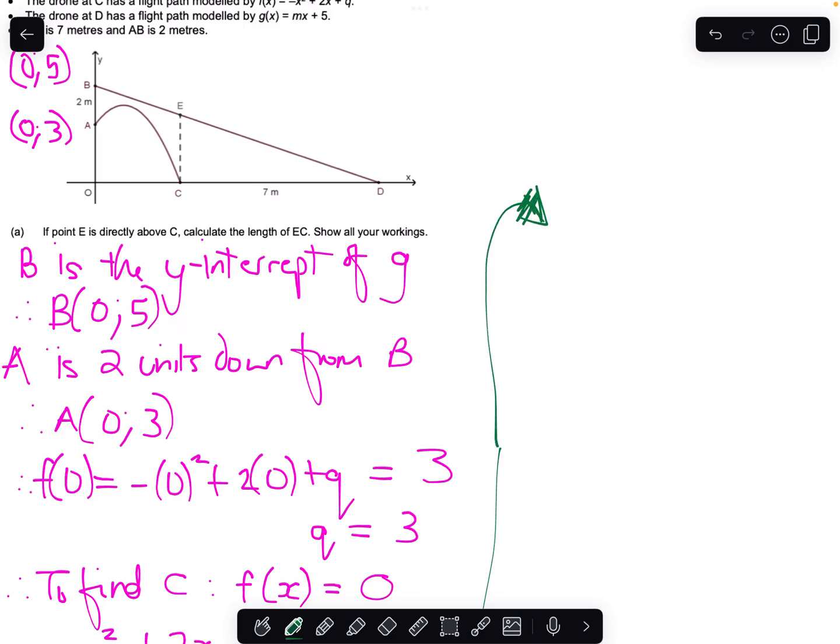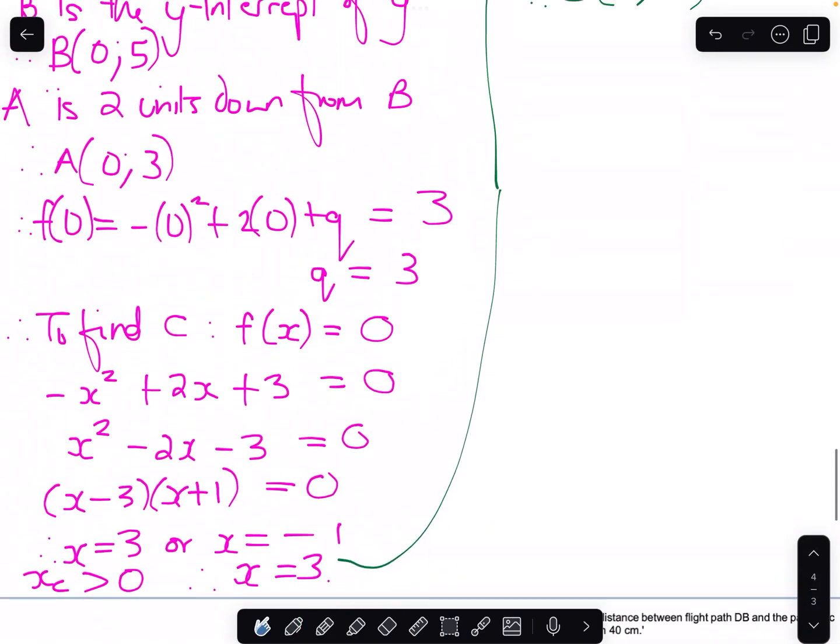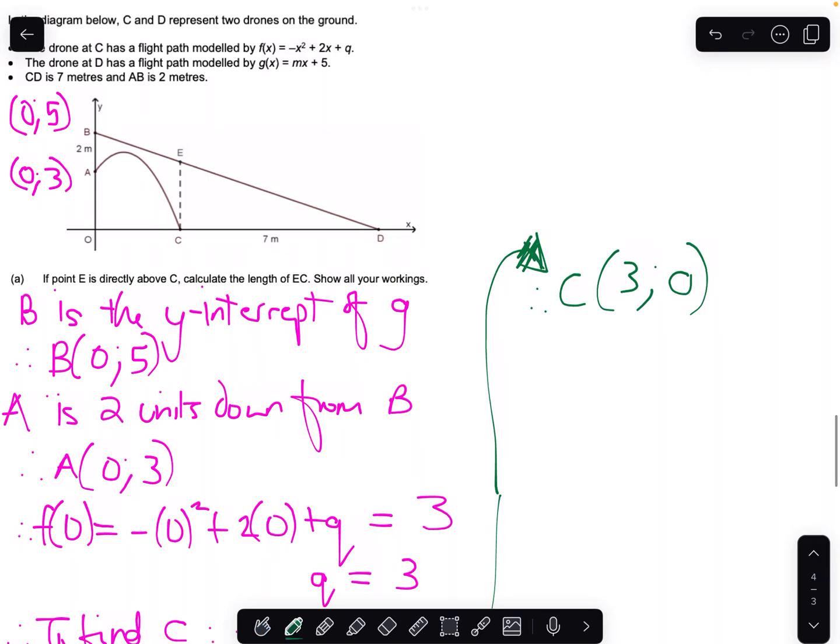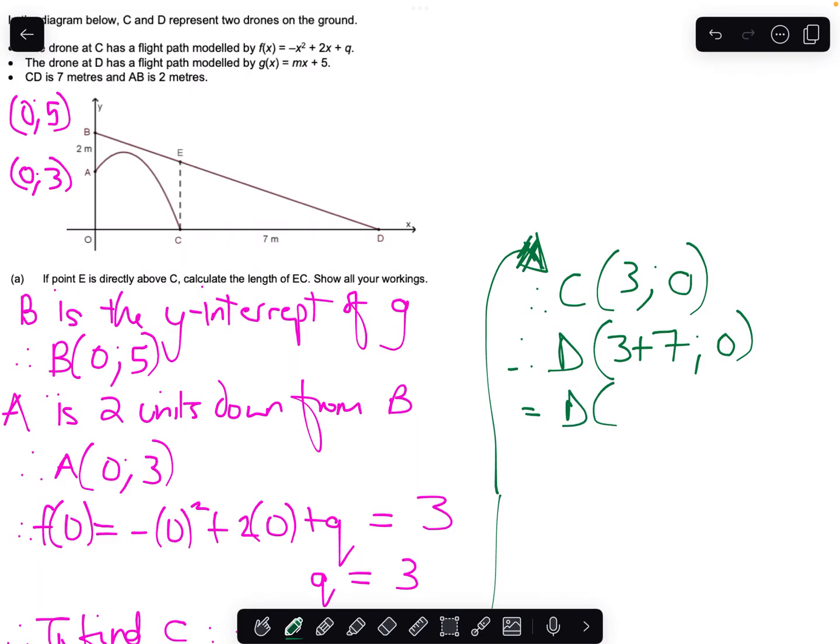Okay, so we now know, therefore, the coordinates of C are 3, 0, right? Okay, and therefore the coordinates of D are 3 plus 7 and 0, so that is 10 and 0.